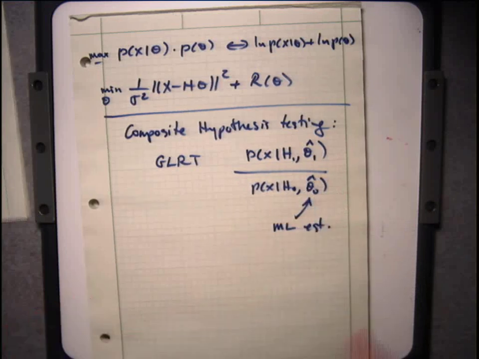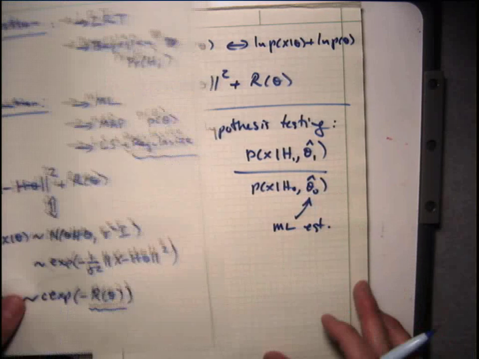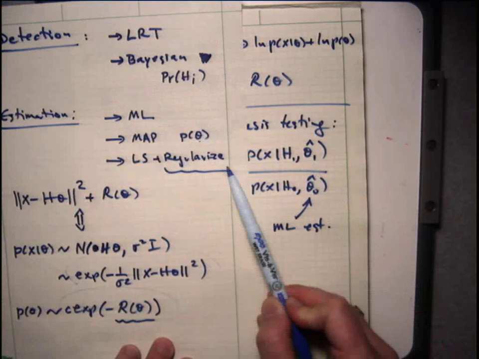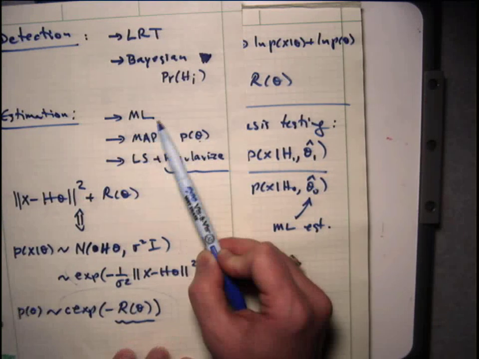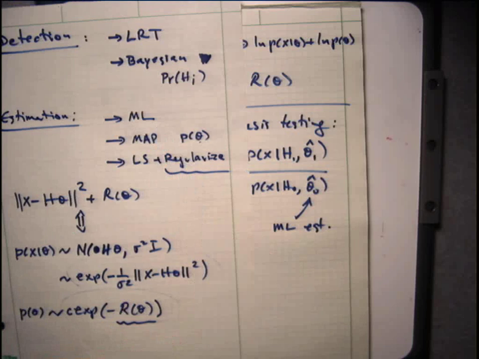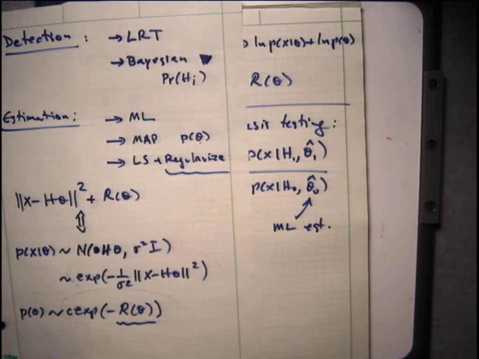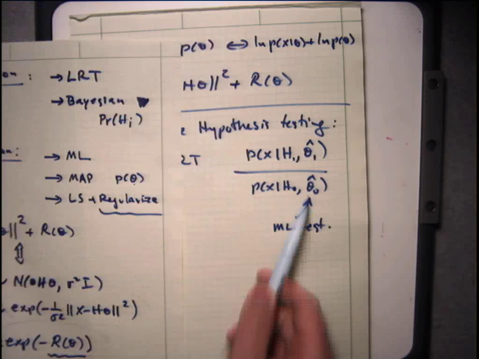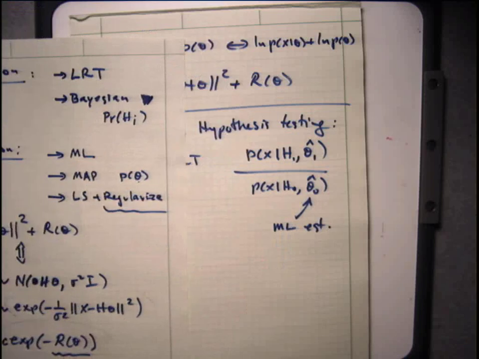As I mentioned, there is nothing to stop you from replacing these with the least squares estimate or any other estimate you like. However, for these other estimators, we don't have any results in general. I mean, there are some results, but they're not obvious results. So what we call the generalized likelihood ratio test is specifically replacing these with maximum likelihood estimators.